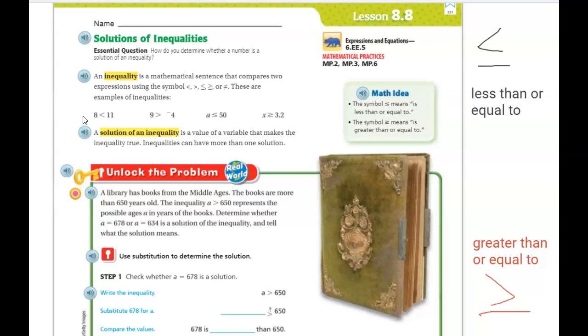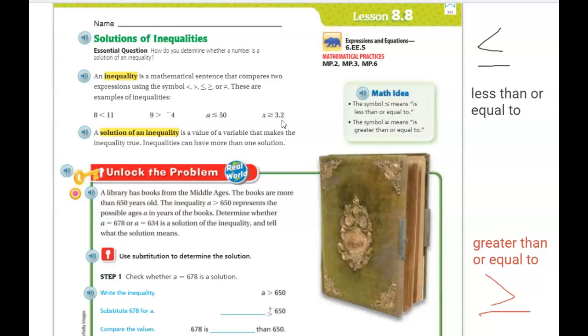A is less than or equal to 50. So two possible values for A could be 50, that would still be a true statement, or it could be 4, because 4 is less than 50. And then X is greater than or equal to 3.2.